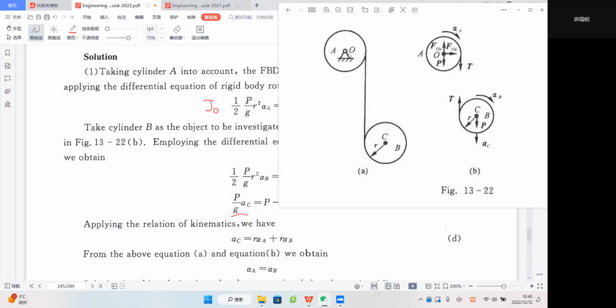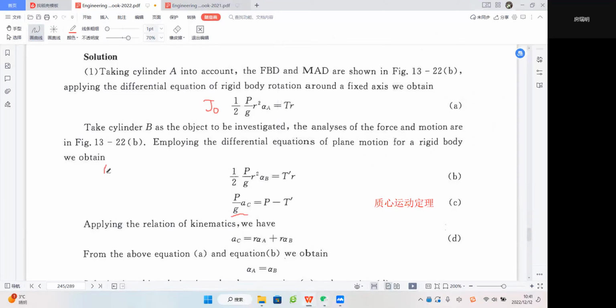That means from this so-called motion superposition, we can find VC actually has two parts. One part is omega A times R. Another part is omega B times R. So when we write this here, the first method, motion superposition, we will have VC equal to omega A R plus omega B R, right?